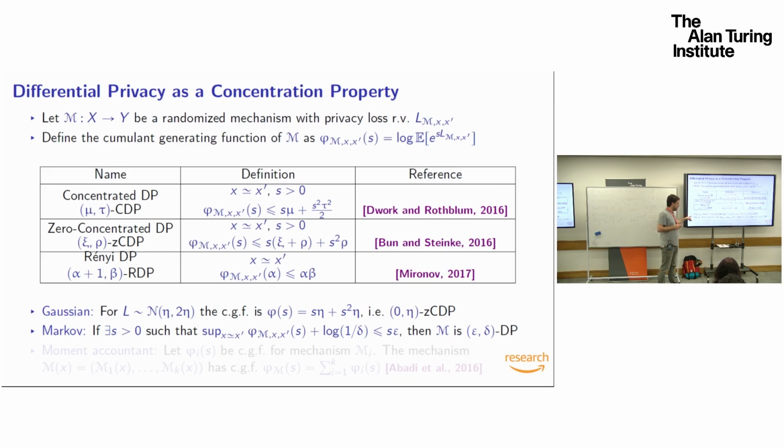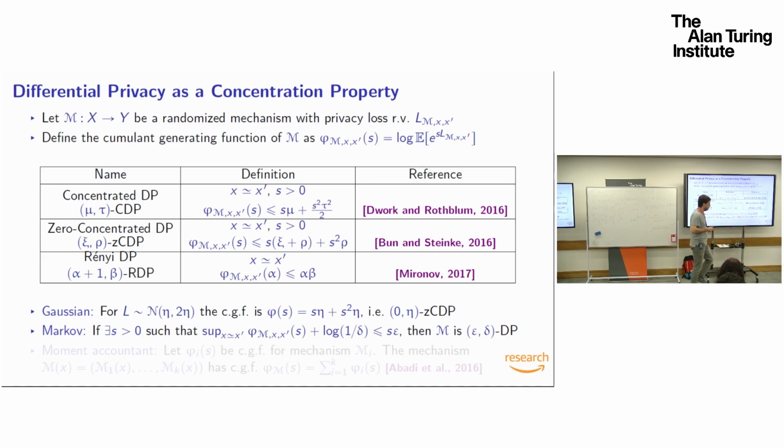And you can always go back to epsilon delta DP. Again, if you've proved any concentration bound before, you'll know that when you have a bound on your cumulant generating function, you can use Markov's inequality to show that, for example, if you have an s such that for any data set, the cumulant generating function at s plus log 1 over delta is less than s epsilon, then the privacy loss random variable is more than epsilon with probability less than delta.